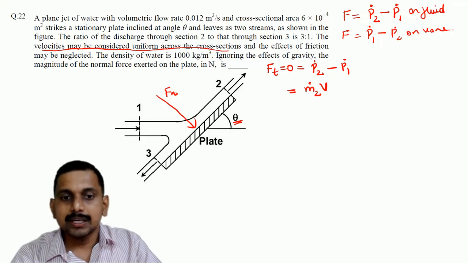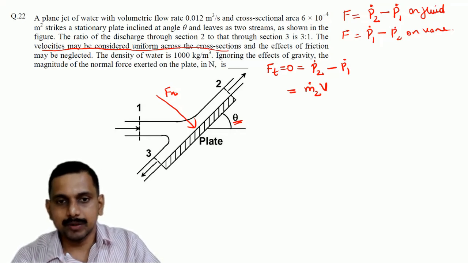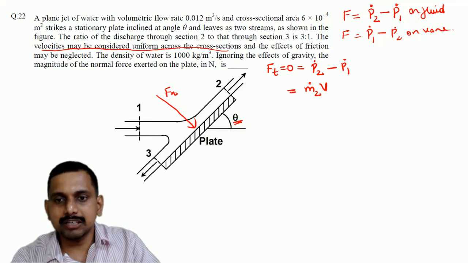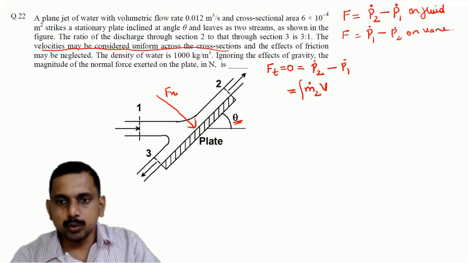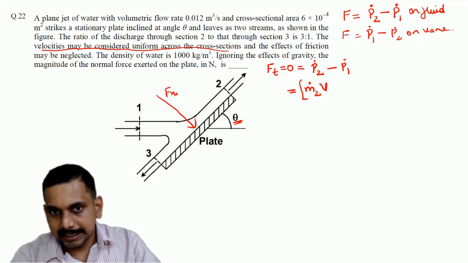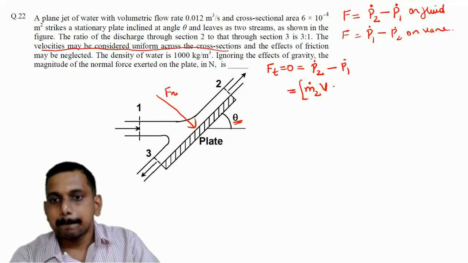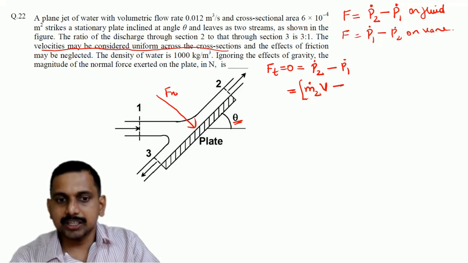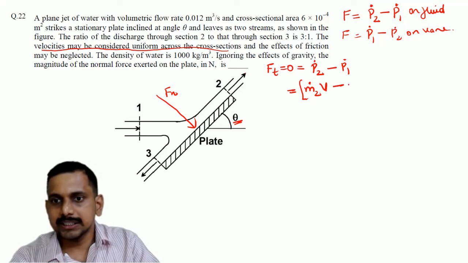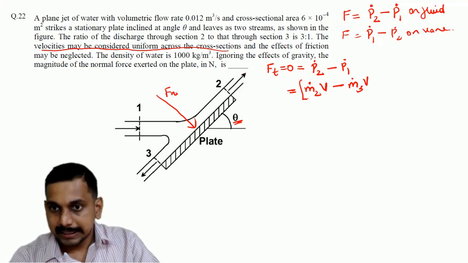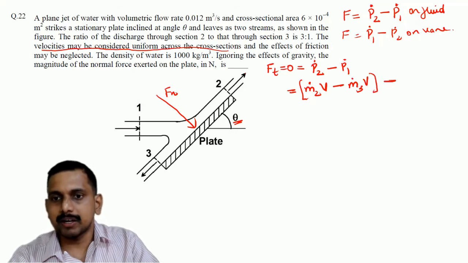It means that the velocity is the same everywhere. So I am taking that velocity V. P2 consists of M2 dot V, which is coming in this direction, minus, on this direction it has to be negated, M3 dot into V. This is P2.